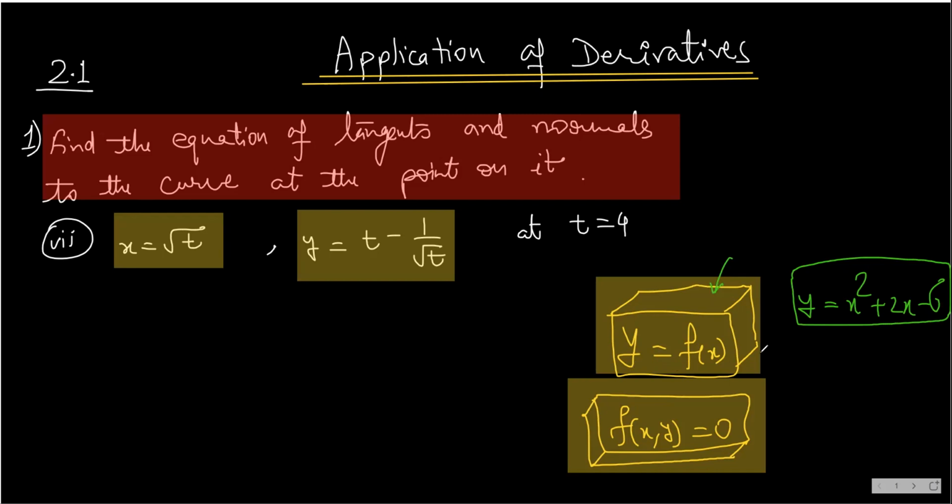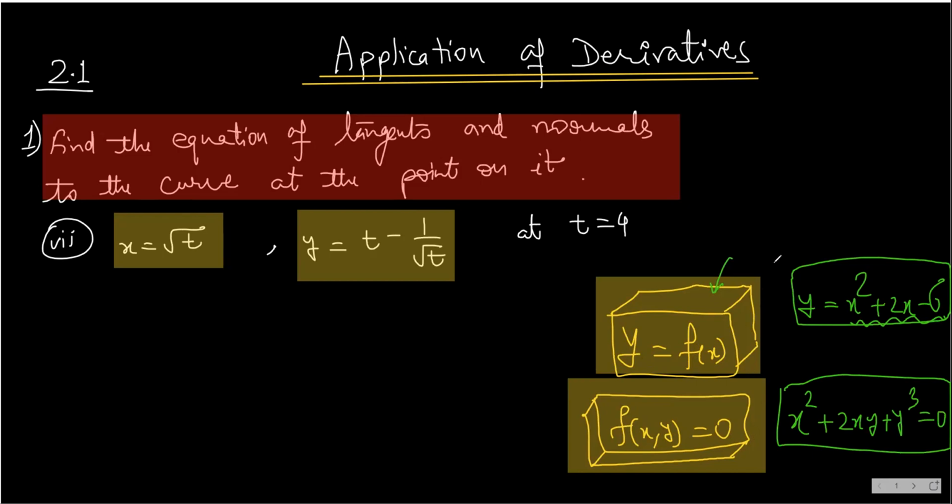See, y equals f of x. But suppose I'm given a curve which is, say, x square plus 2xy plus y cube equals 0. Then I would call this curve in implicit form, because this is f of x, y equals 0.